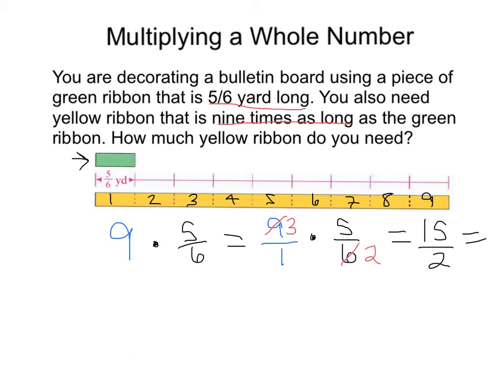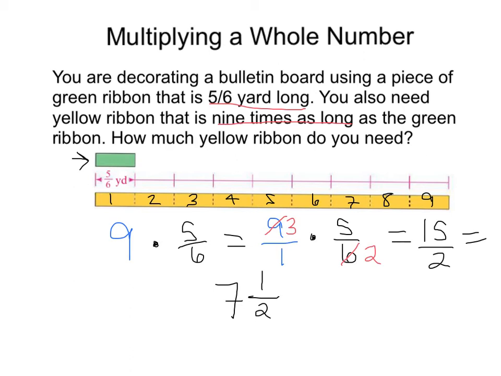So the next biggest even number to 15 is 14. And half of 14 is 7, so 7 is going to be our whole number. 7 times 2 is 14, so that's what we have to take away from our 15 that's on top. 15 minus 14 is 1, so 1 is going to be our new numerator, and your denominator stays the same and comes along for the ride.